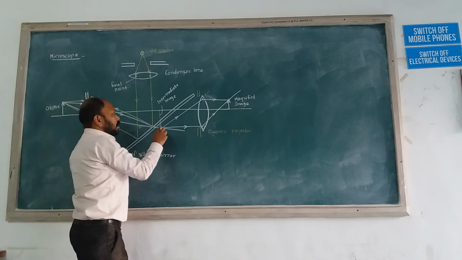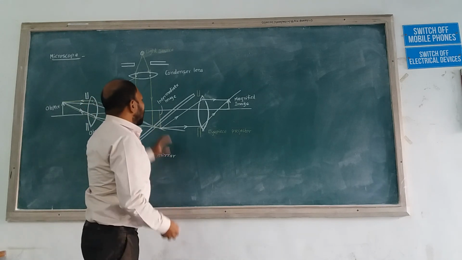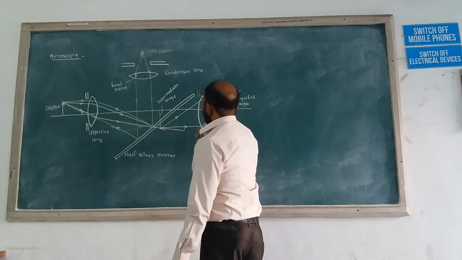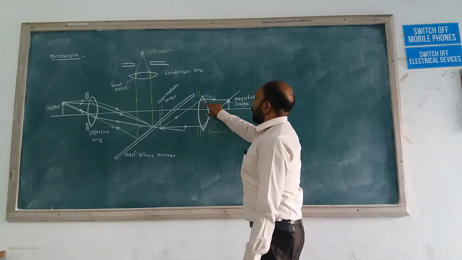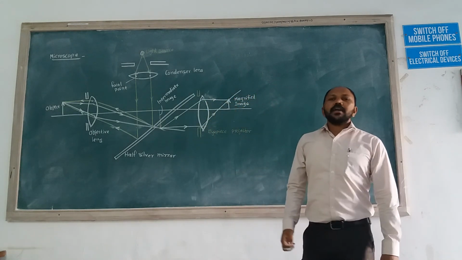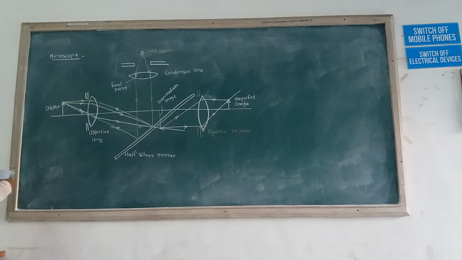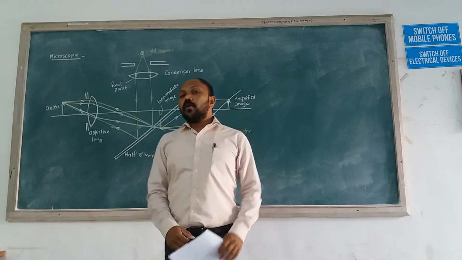It comes here, where we get the intermediate image, which is an inverted image. From that image, light again passes through this aperture. The microscope is also called a compound microscope.